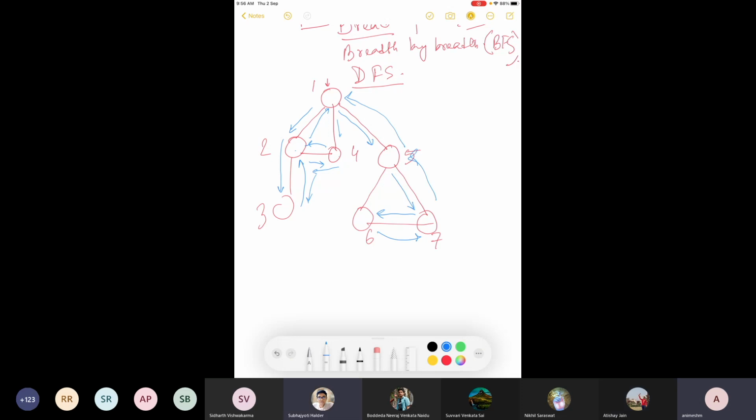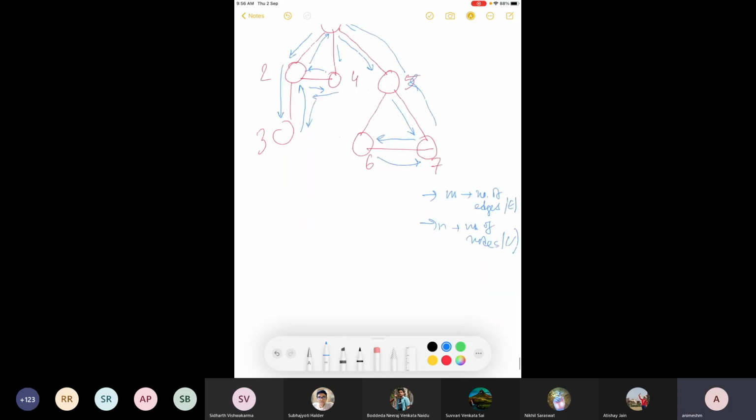As I said, these graph data structures have two input sizes: m, the number of edges, and n, the number of nodes. So then, what is the cost of the traversal? N plus m.